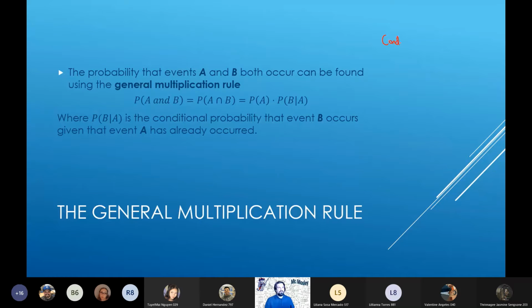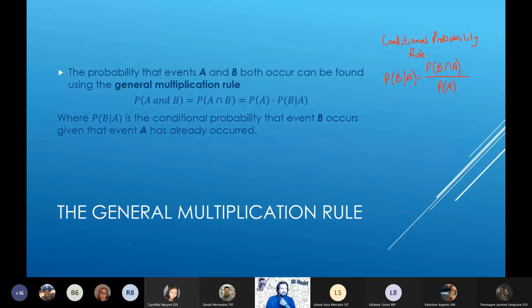If we recall from last class, the conditional probability rule is probability of B given A is equal to probability of B and A divided by probability of A. If I manipulate this equation, multiply each side by the probability of A, the probability of A cancels from the right-hand side, and we're left with this.